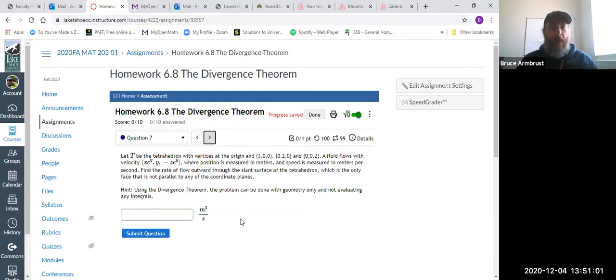Find the rate of flow outward through the slant surface of the tetrahedron, the only face that's not parallel to any of the coordinate planes. The hint says, using the divergence theorem, the problem can be done with geometry only and not evaluating any integrals. Ooh, I like that idea.